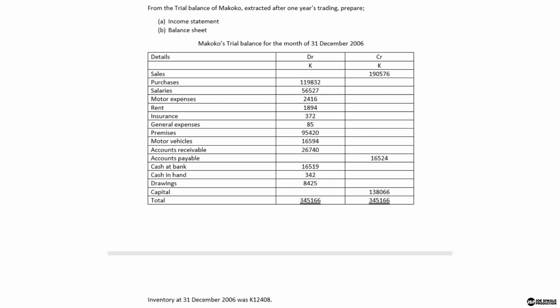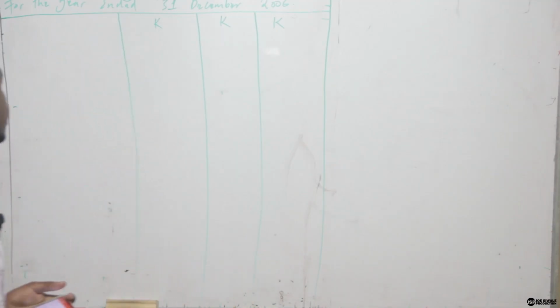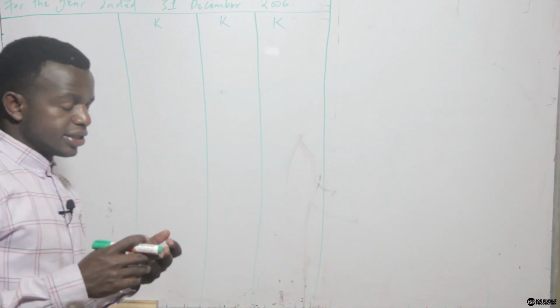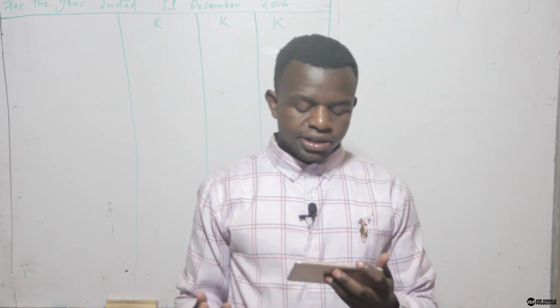So for the income statement, I've already written the title. So the title is going to read Makoko's Trading Profit and Loss Account for the year ended 31st December 2006. So we're going to start by looking at the trading account. And for the trading account, we start with sales.